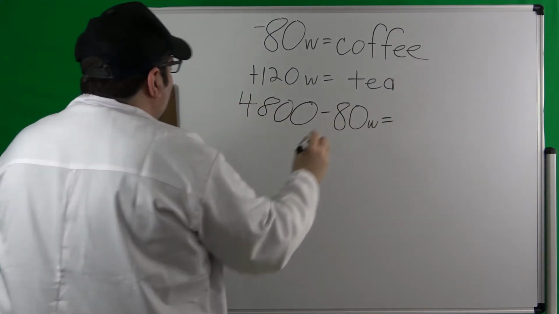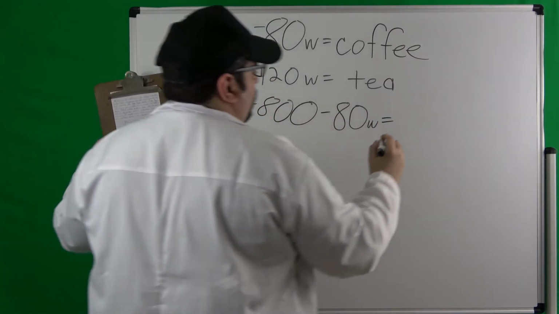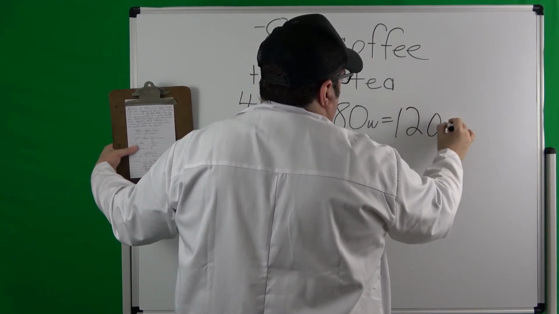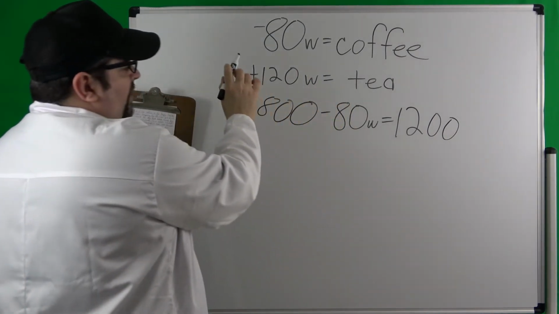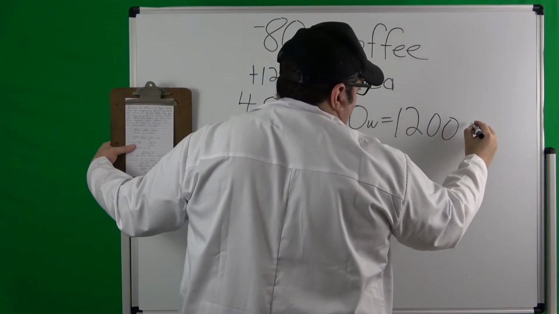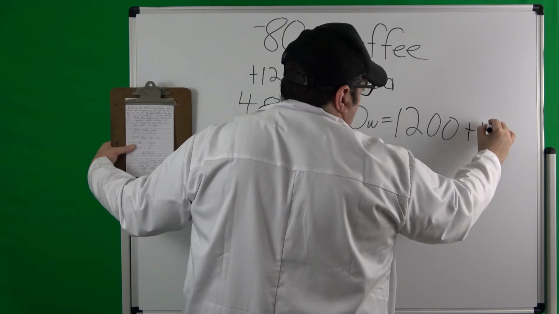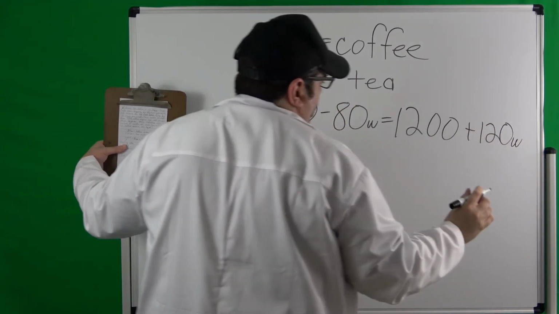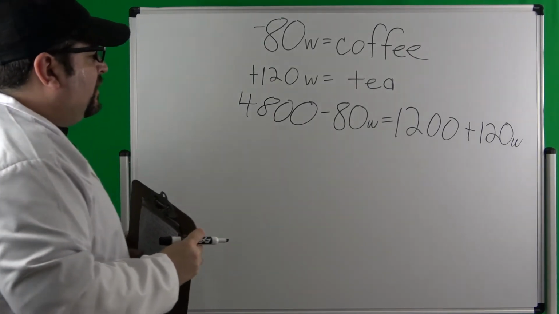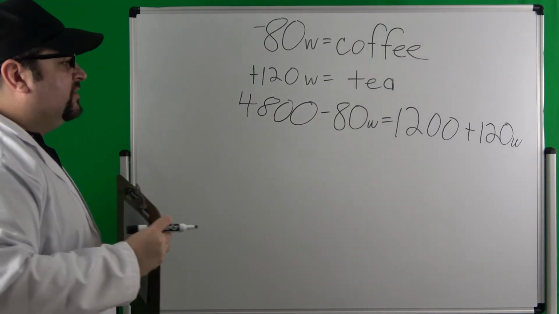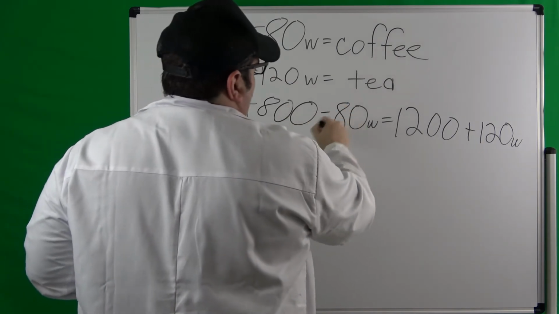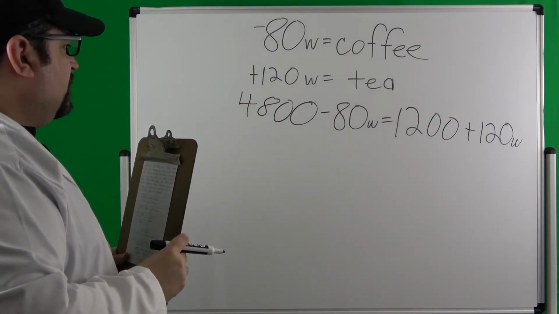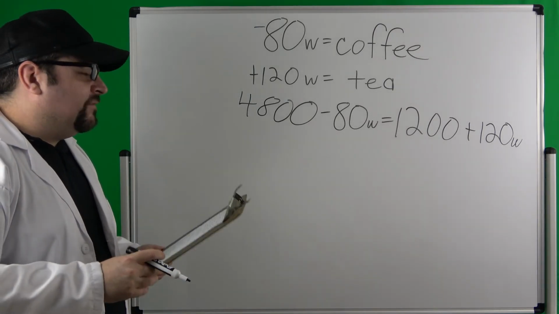We want to know when that equals 1,200 when you're adding 120 a week. And there you go. You would just pick the equation that looks like that. You know, you could flip-flop those. But yeah, that would give you the right answer because that's all it was asking for.